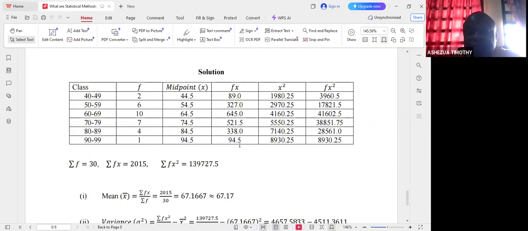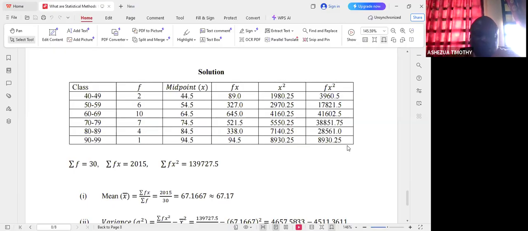Now x squared is 94.5 times 94.5, and you get this value. How do you get fx squared? You take f, which is 1, and multiply by this value of x squared, which gives 8930.25.